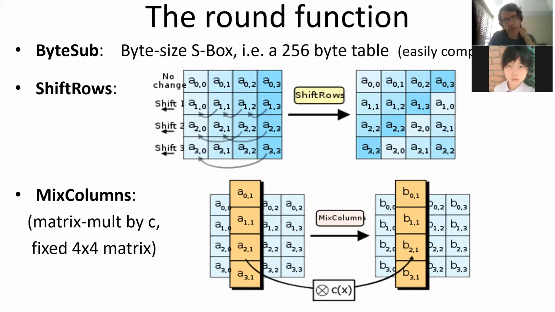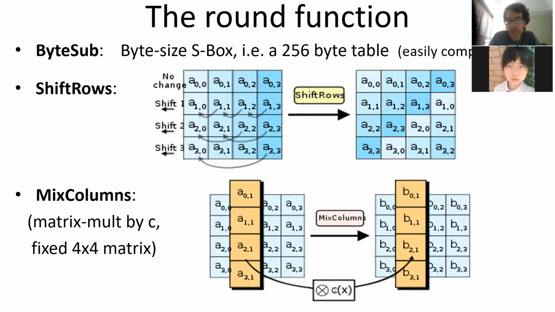Basically, you take the column vector and multiply it by a fixed matrix. The matrix is invertible, so there is a way to go back.